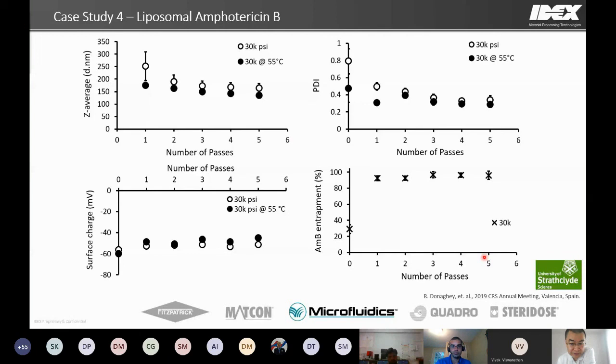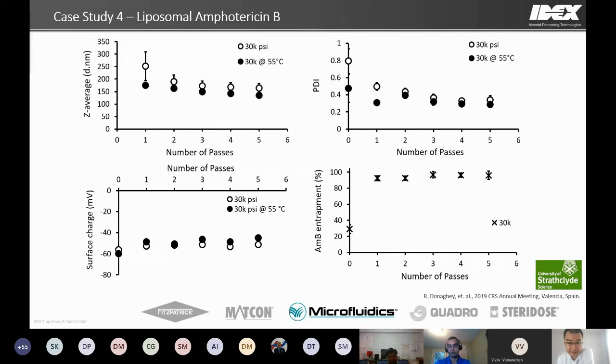We presented the results from this study at last year's CRS, the Controlled Release Society annual meeting, and I'm only going to show some data here. As you can see, when processing this formulation at 30,000 psi, the particle size was reduced to slightly over 100 nanometers after about 5 passes.